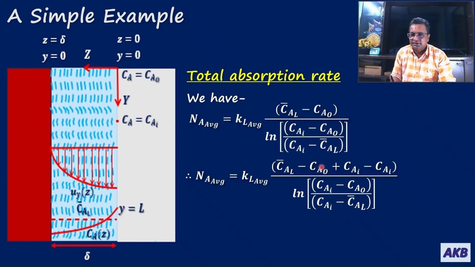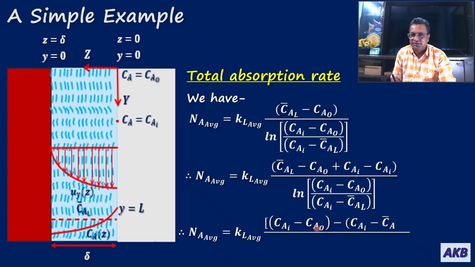Now this term in the numerator can be written in a different form. NA average is equal to KL average into CAI minus CA naught. And then if I take minus common in the bracket, it will be CAI minus CAL bar. If you multiply with the negative sign in this bracket, it will be minus CAI plus CAL bar, which gives this result.